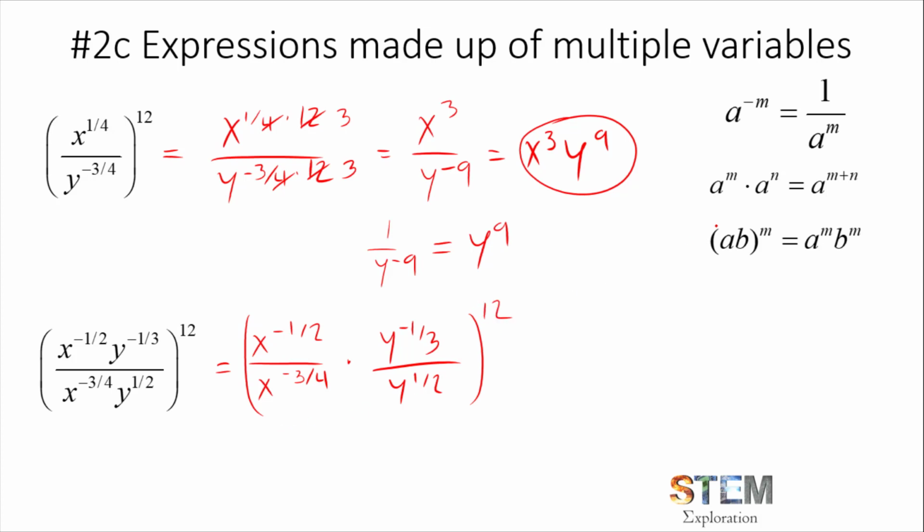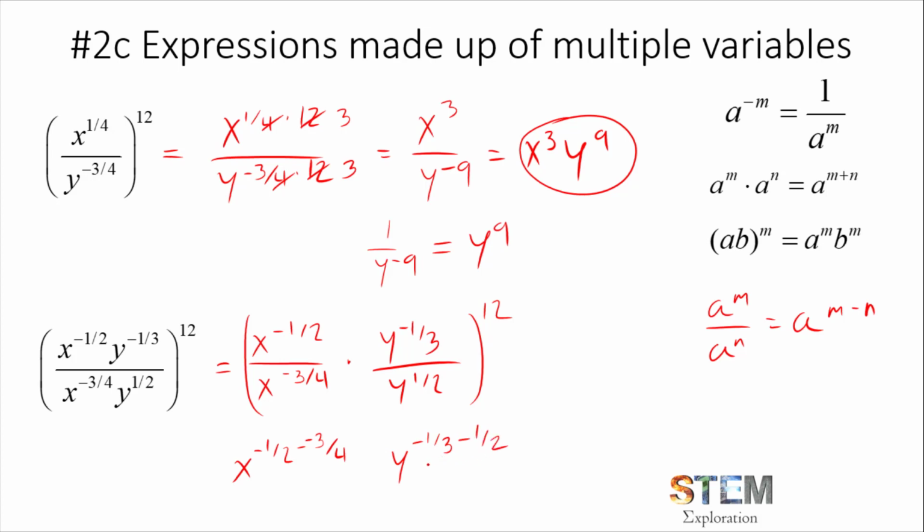So what I'm going to do is I'm going to apply this format to it where we have a to the m divided by a to the n, and this is equal to a to the m minus n. Okay, so we go x to the -1/2 minus -3/4, and here we have y to the -1/3 minus 1/2.